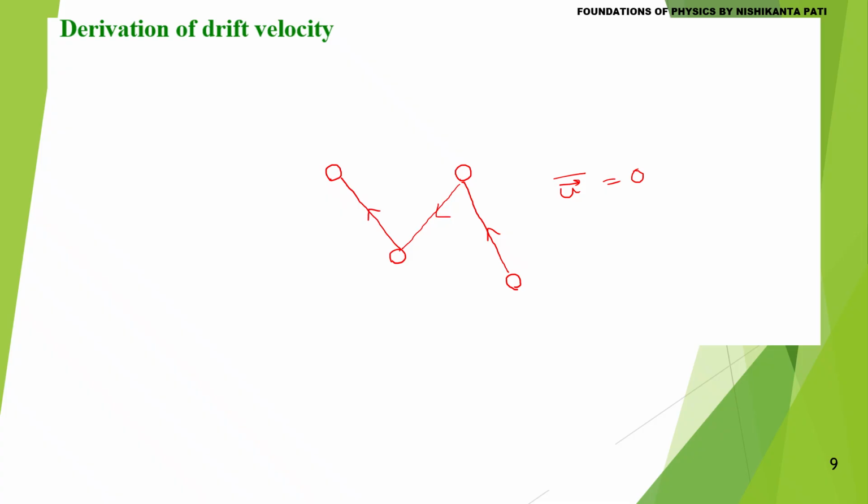If electric field is applied, let electric field is applied this way, then between two collisions, the electron velocity changes, it doesn't remain constant.